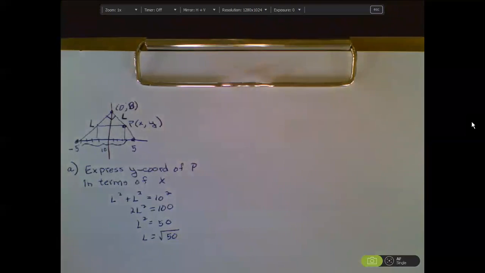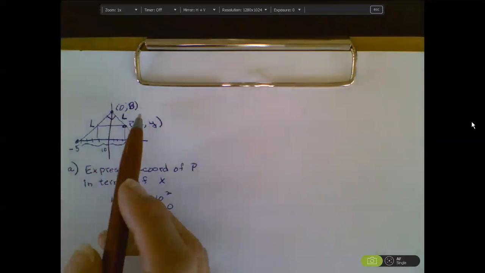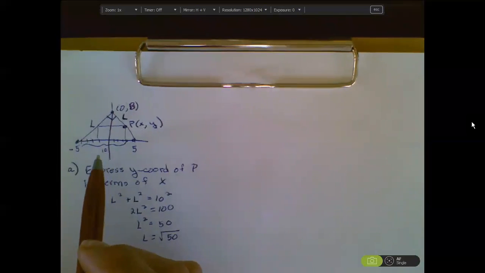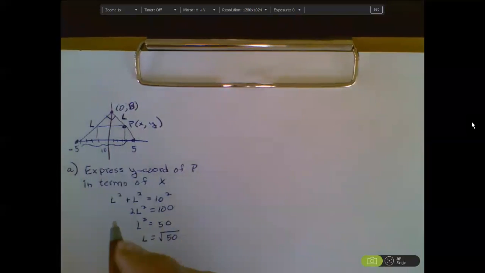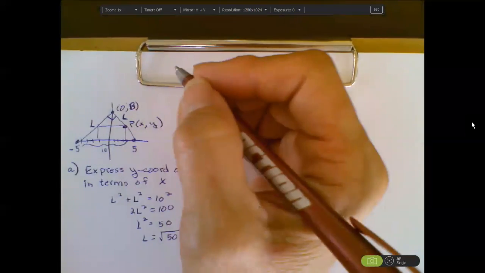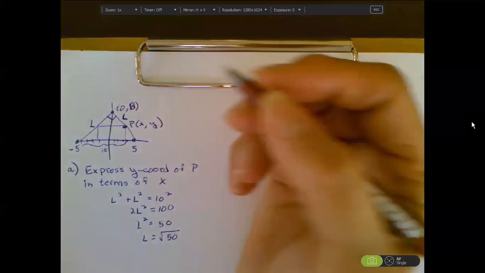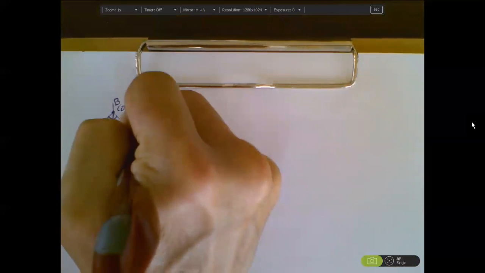I didn't put an A and a B on my picture. Where's A on your picture? B is the point at the top, the y-intercept. It's just a point. Okay, it's just point B. And the right corner, this right here, is A.